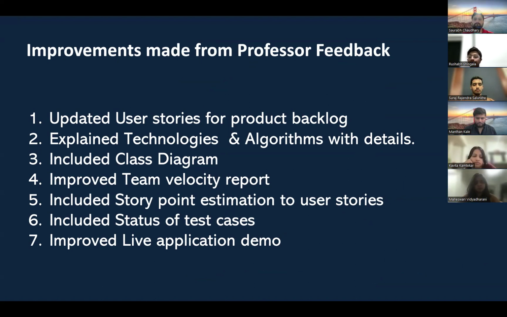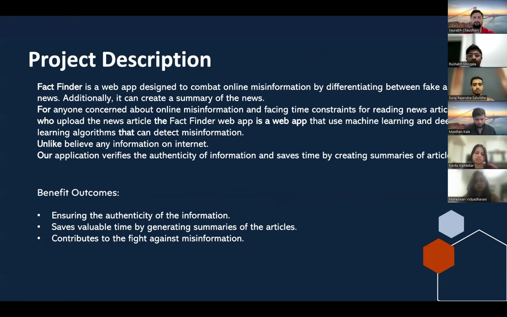And in the user stories, we have included the estimation points so that the charts and everything are prepared well. And then lastly, we have our live application demo, and in the test cases, we have included the status as well. So the next slide will be explained by Maheshwari.